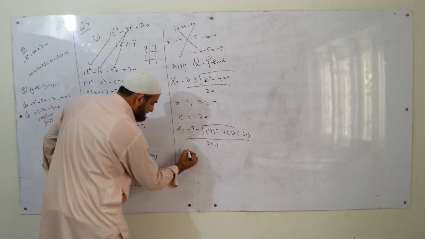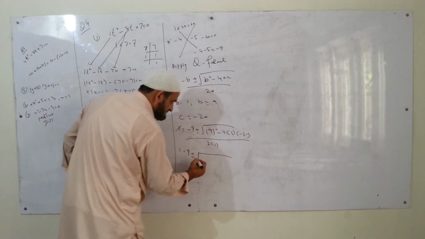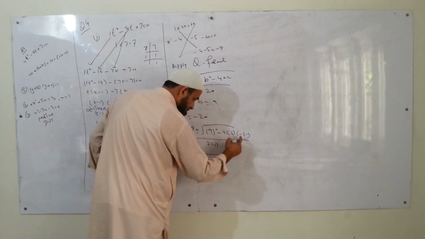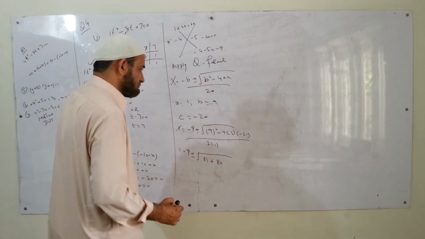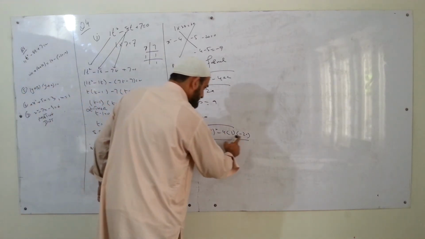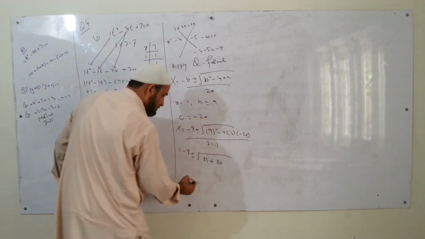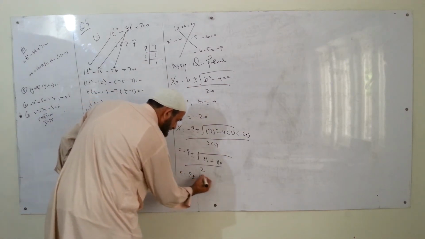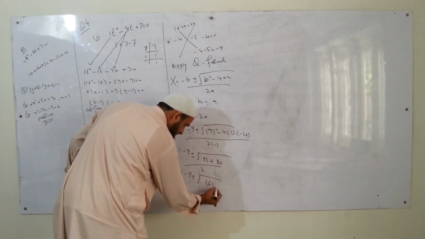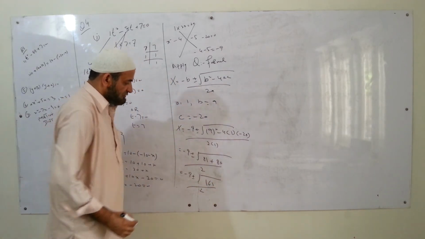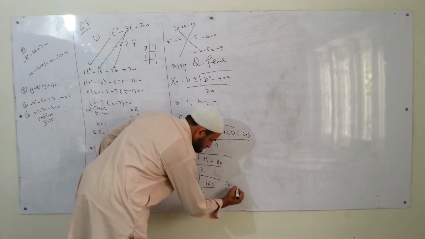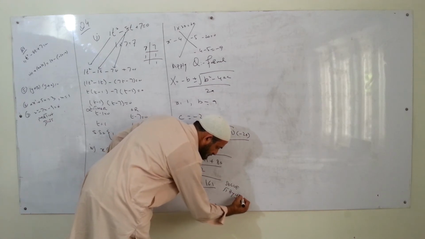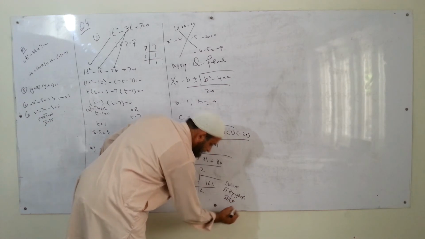Now, minus 9 plus or minus the square root of 81, minus into minus plus, 4 times 1 times 20, we get 161. Divided by 2. Solve it by yourself.